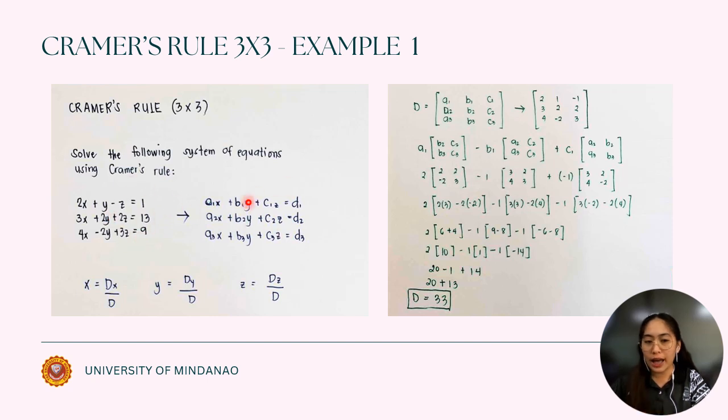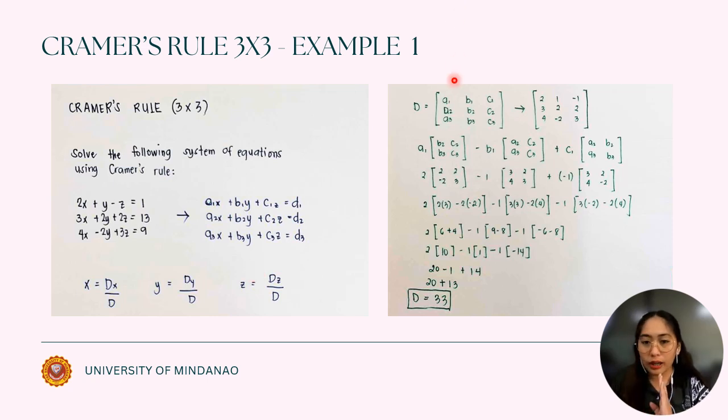We will have the equations in the same form as this so that we can know the A, B, C, and D parts. Take note that we can get our x, y, and z solutions through this formula. We will solve for D first so that we will know if it has a unique solution.